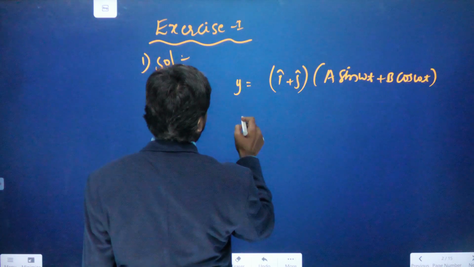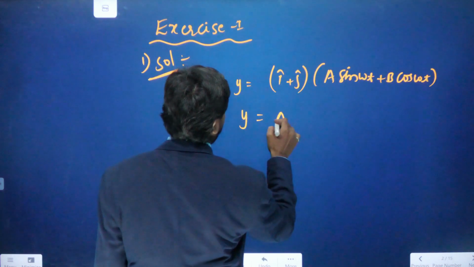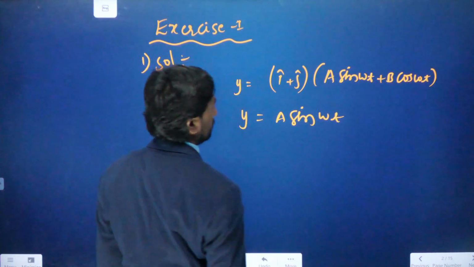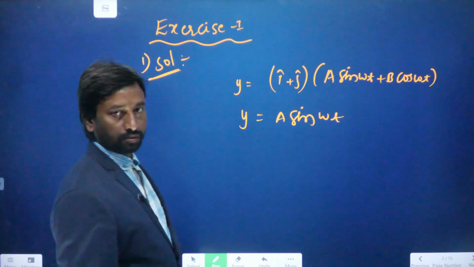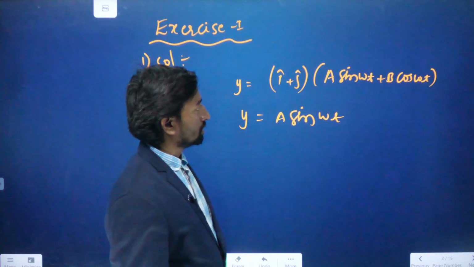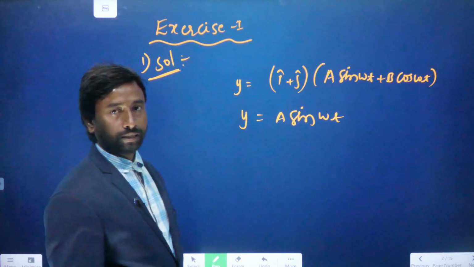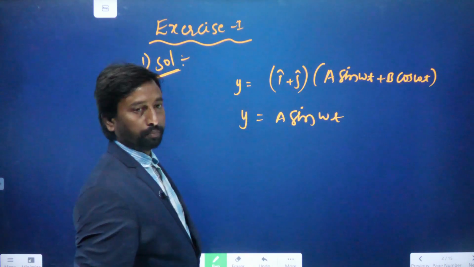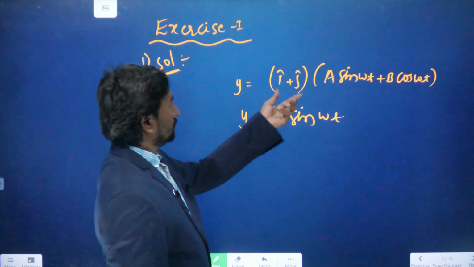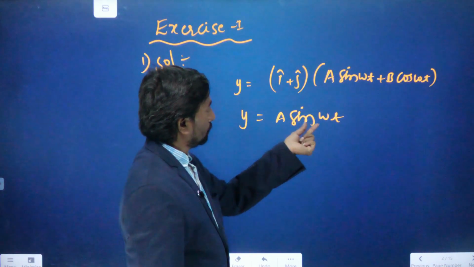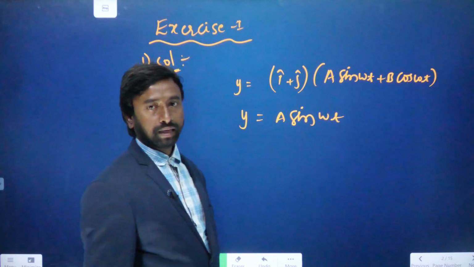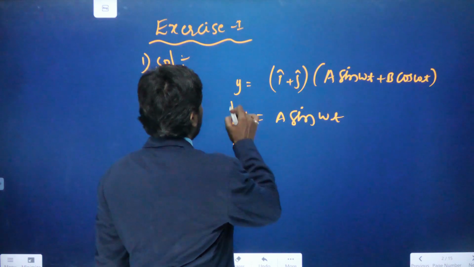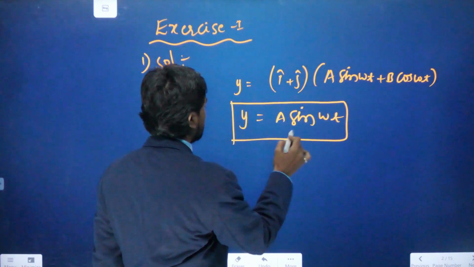We can compare this with the standard equation y is equal to a sin omega t. So we can convert this total equation into a single sine function, by taking a value as r cos theta and b value as r sin theta. Then we can convert this into the simple form. Then we can compare, and that will become a sin omega t i cap plus b sin omega t j cap. So the above equation represents a simple harmonic motion.